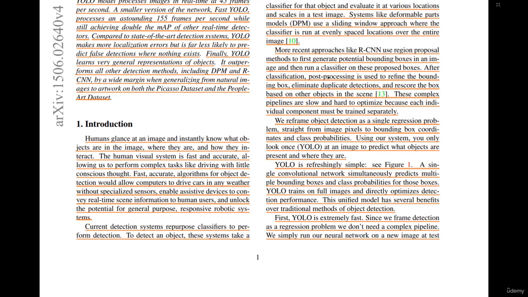So after classification, post-processing is used to refine the bounding box, eliminate duplicate detections, and rescore the box based on other objects in the scene.